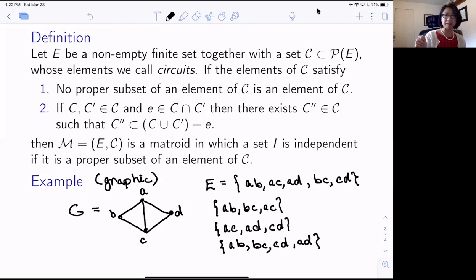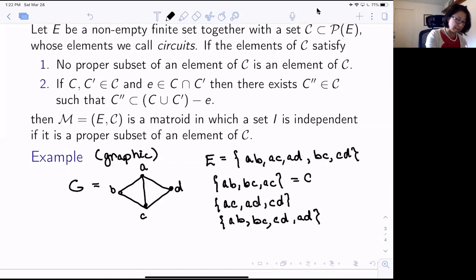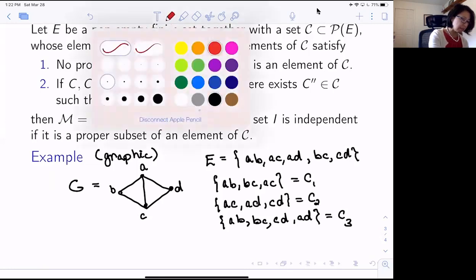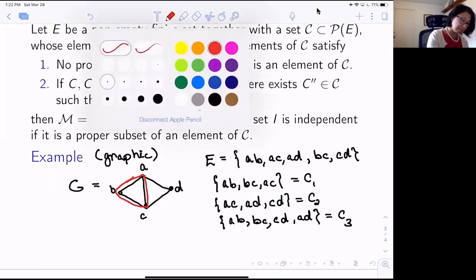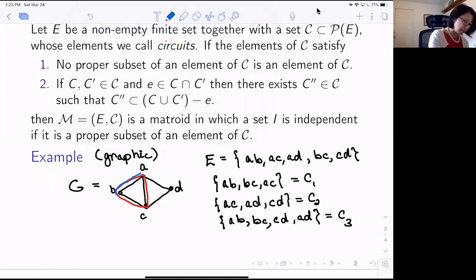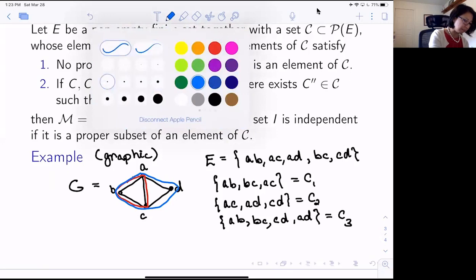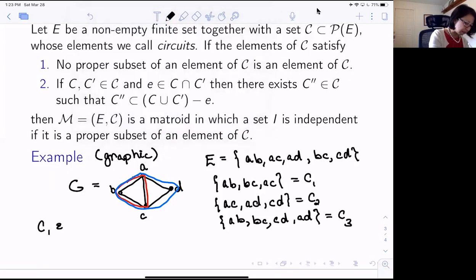Moreover, they're going to satisfy this circuit exchange axiom. So for example, let's call these C1, C2, and C3. If I look at C1 and C3, they share an edge, the edge BC.